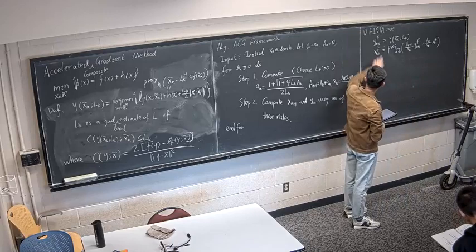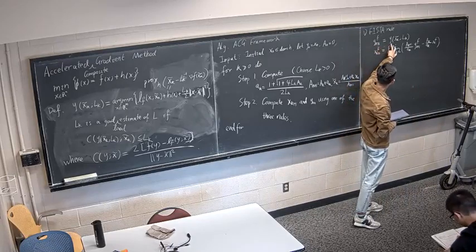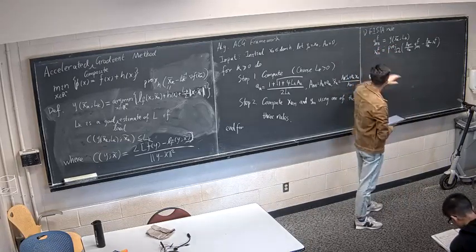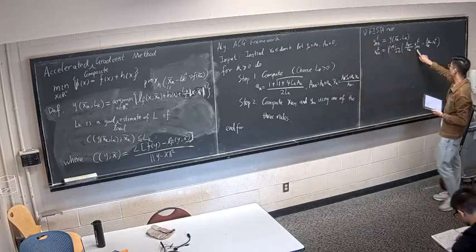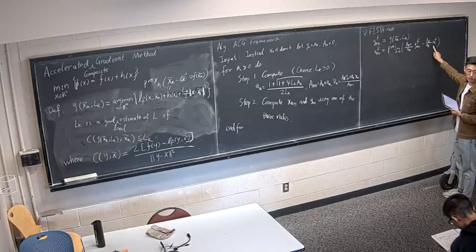So the YK plus 1 is exactly the Y we mentioned there, and first you have this YK plus 1, and you also have the XK from the previous iteration.